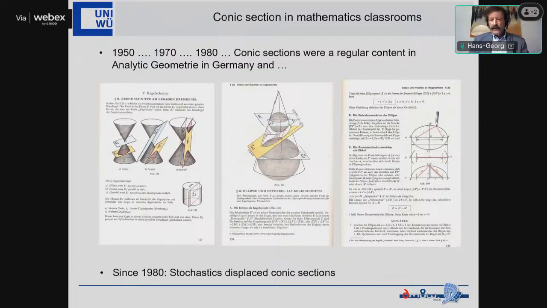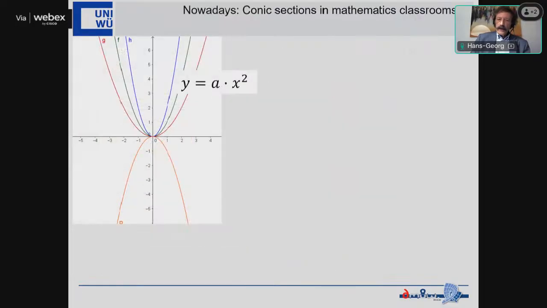It's quite difficult to cancel subjects in calculus, and so the geometry was canceled, and especially the conic sections weren't taught since then in German Gymnasium, in the German grammar schools.